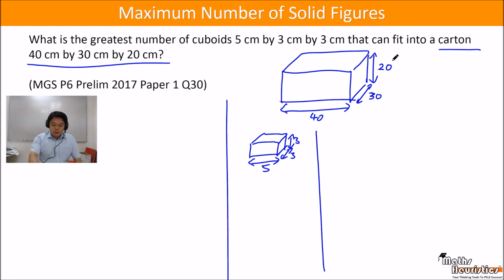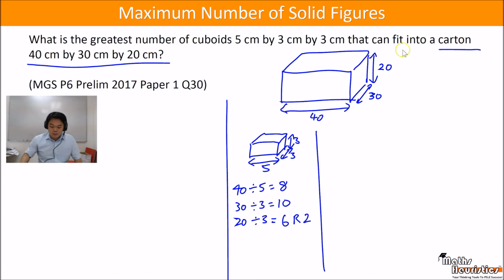We need to consider how many cuboids can be put along those edges. That would be 40 divided by 5. You can put 8 cuboids along this edge. 30 divided by 3 gives us 10. So you can put 10 cuboids along this edge. And you can put 20 divided by 3 to give us 6 remainder 2.